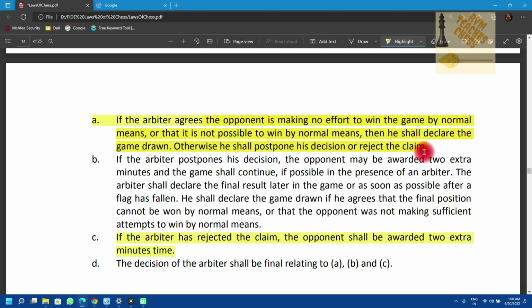All the while he has been playing around without any concrete reason, just to win on time. You can tell the arbiter this, and he will come and investigate the whole situation, and he will declare the game as drawn. But if your claim is not valid, then the opponent shall be awarded 2 extra minutes of time, as mentioned here.